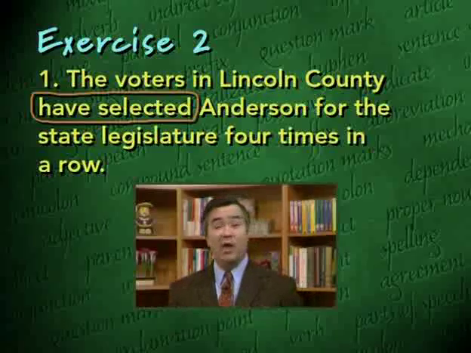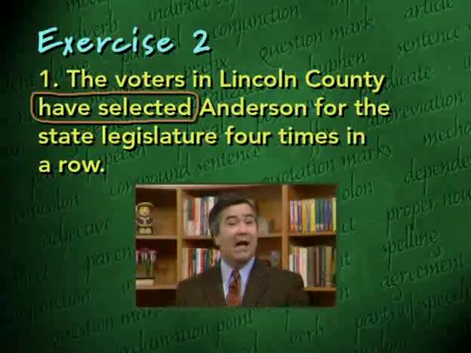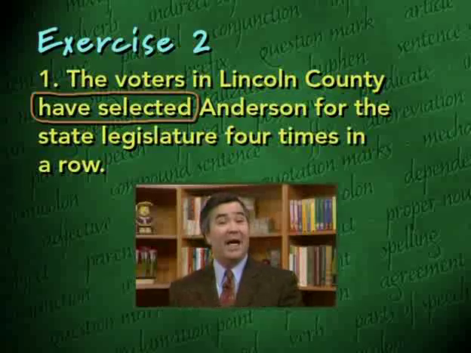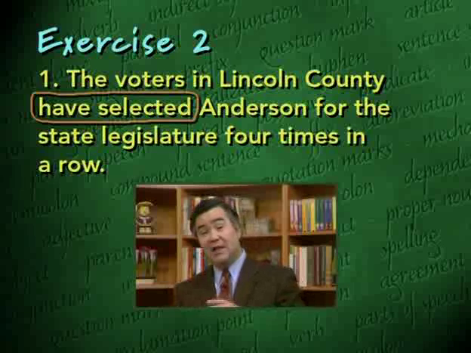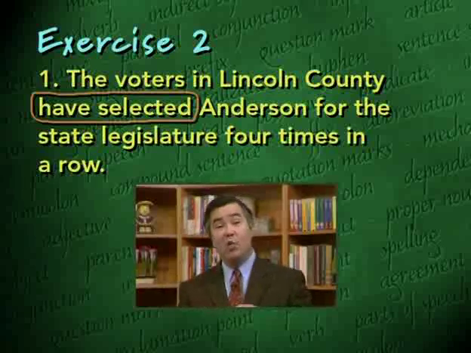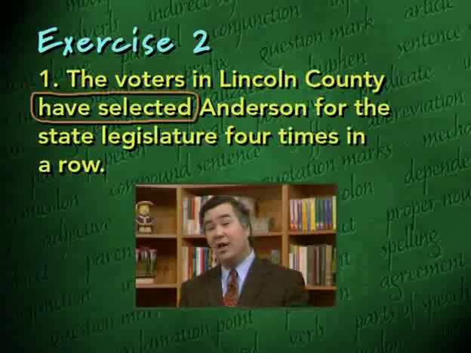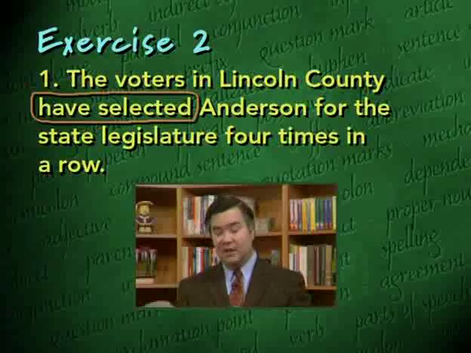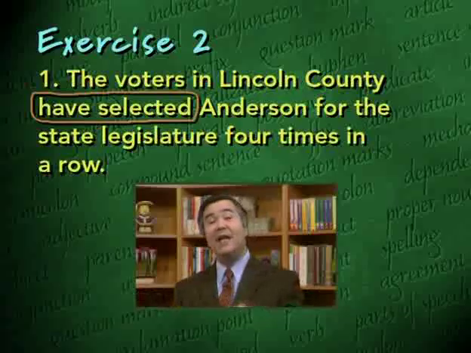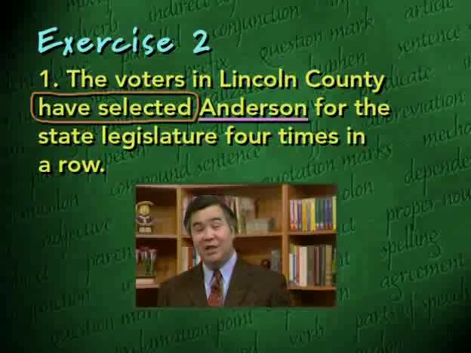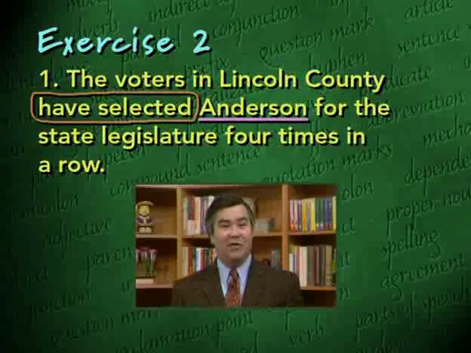The voters are the ones who have selected. Now, is there any word that receives the action of the verb have selected? That is, is there any word that answers the question what or whom after the verb have selected? Well, the answer is the voters have selected Anderson. Anderson receives the action of the verb have selected, and therefore Anderson is the direct object of the verb in this sentence.